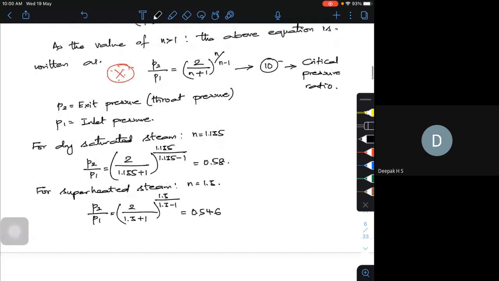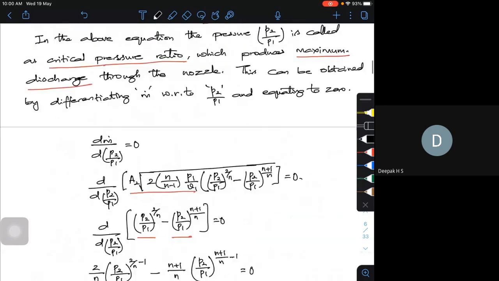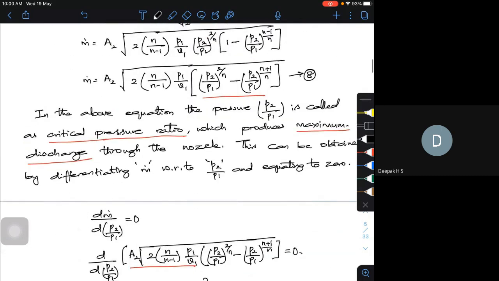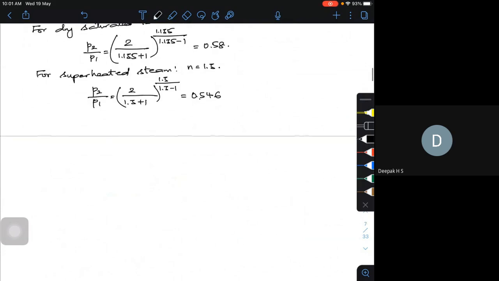Now what I am going to do is substitute the value of P2 by P1 from equation number 10 into equation number 8 to get the maximum mass flow rate.